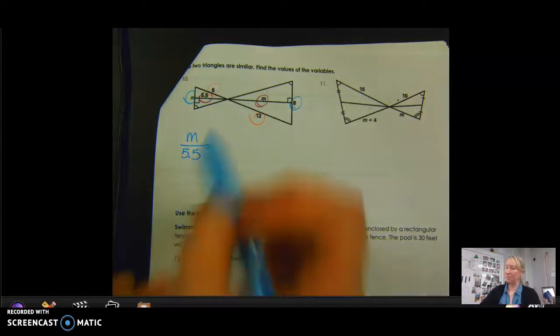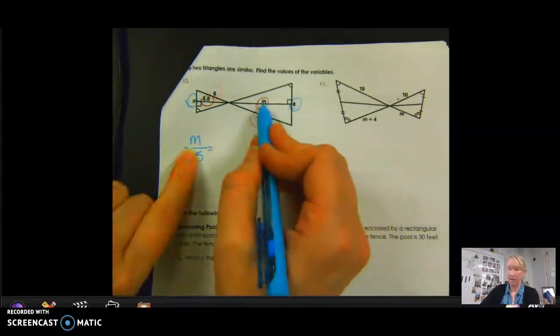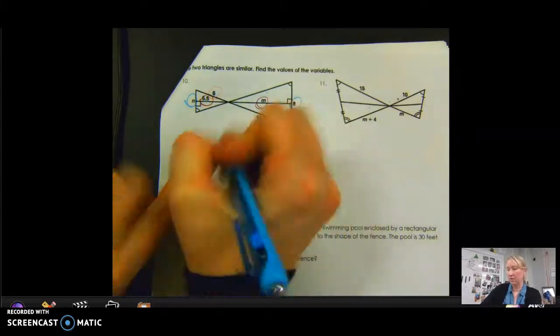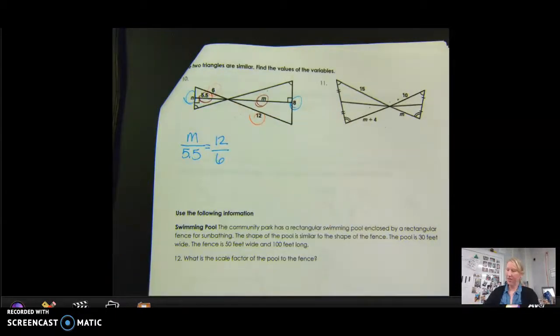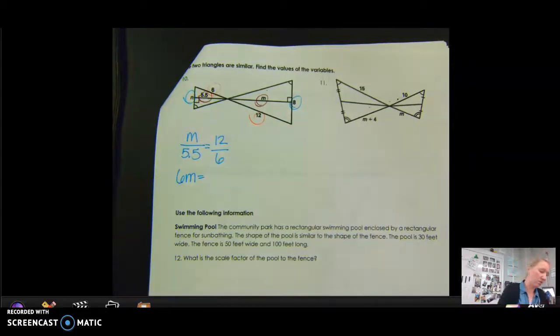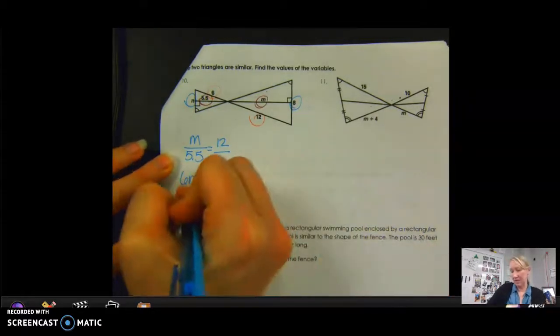So that would not be my n with my 8, but my 6 with my 12. Now I started with m, so I need to use the number that's on the triangle with the m. So that would be the 12, and then I put 6 over here. Okay? I'm going to cross multiply, and I get 6m equals 66. Divide by 6, and I get m equals 11.